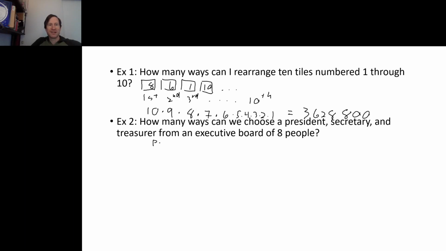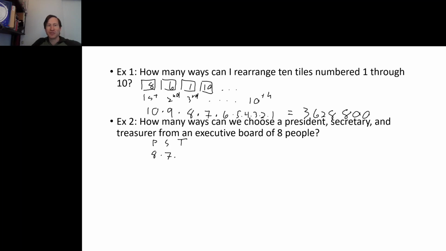So we want a president, a secretary, and a treasurer. For the president, there are 8 people that we could choose. For the secretary, we've already chosen a president, and the president shouldn't be the secretary. I guess implicit in this situation is that the president, secretary, and treasurer should be different people. So when we come to choose a secretary, there are only 7 people left to choose from.